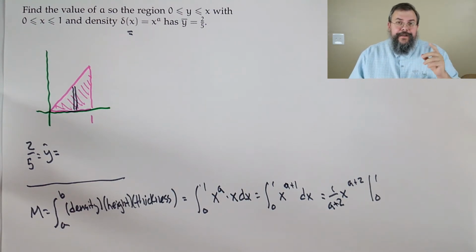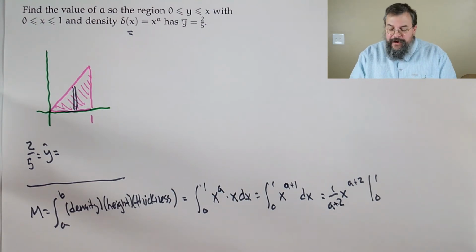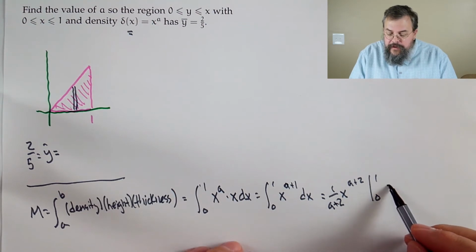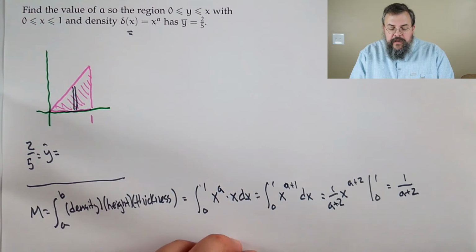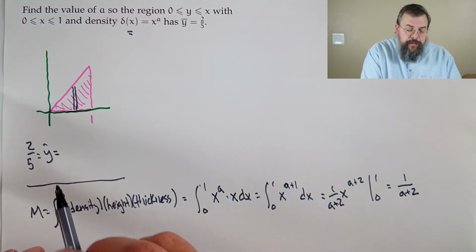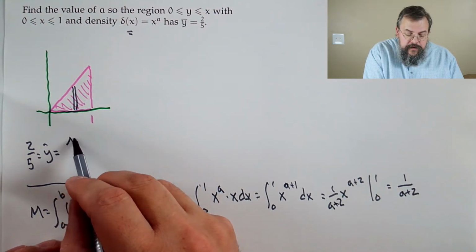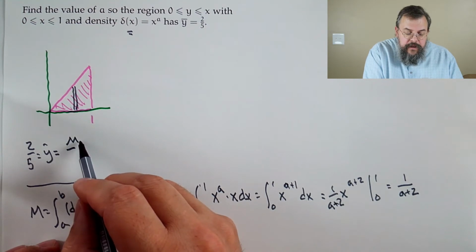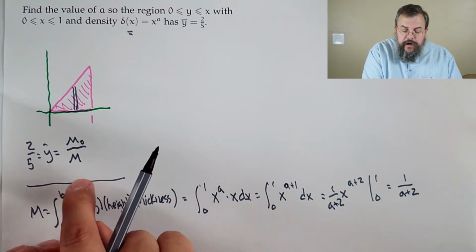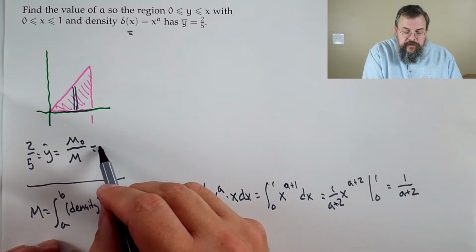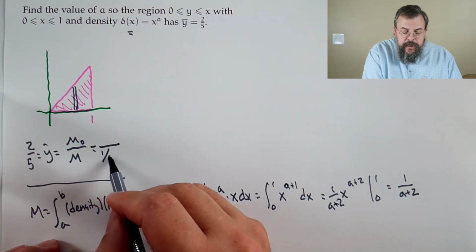And knowing is half the battle. Okay, so this simply becomes 1 over a plus 2. So, in terms of y bar is our moment over our mass. So we've computed our denominator. So it's something over 1 over a plus 2.